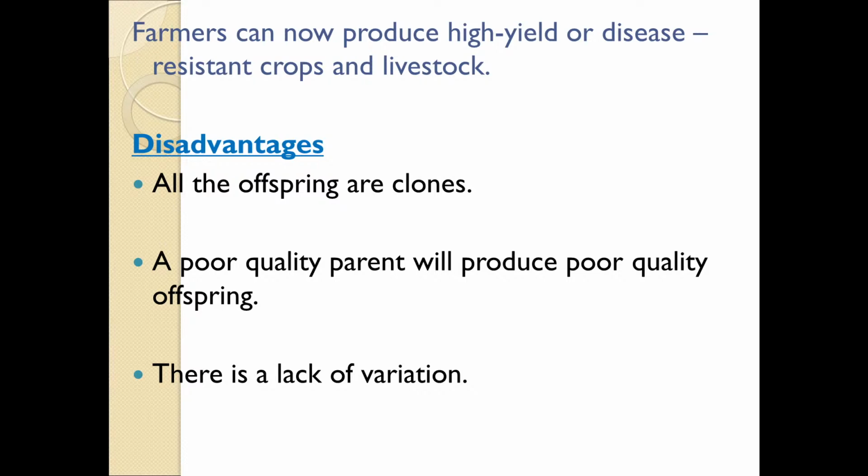The last advantage at the top there: farmers can now produce high yield or disease resistant crops and livestock. Let's say, for example, you have a type of planting sucker that produces a lot of fingers, or a lot of hands on the plantain, and the plantains are normally larger than usual.